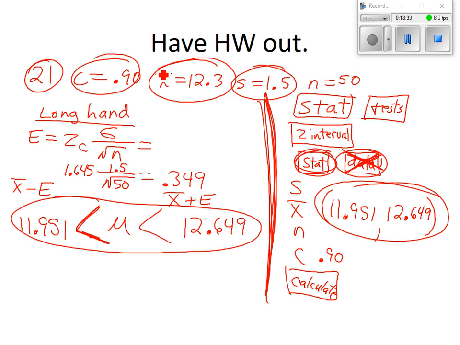But we know that the population mean with a 90% confidence is going to fall between 11.951 and 12.649. So if we do some sample and our sample comes up with a mean of 14.7, we probably messed up somewhere, because that's way outside this range.